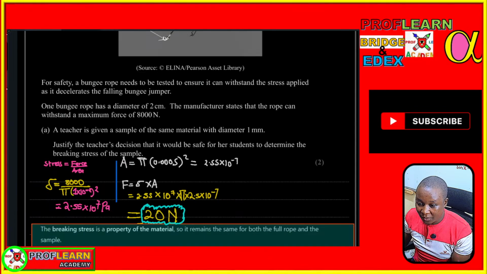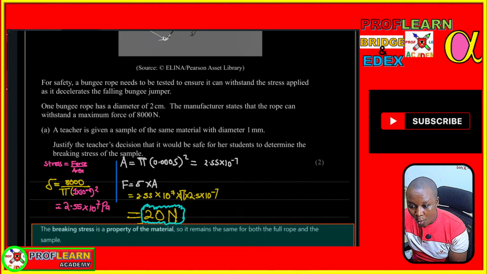We are supposed to justify the teacher's decision that it will be safe for her students to determine the breaking stress of the sample. Remember, the breaking force is a property of a material.